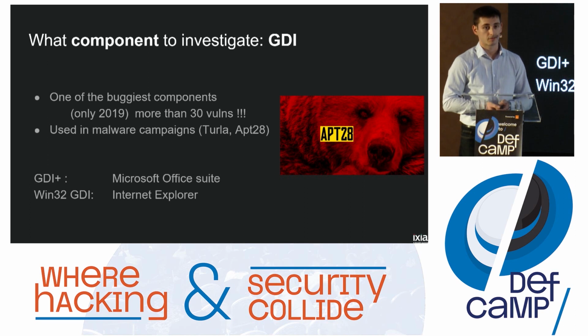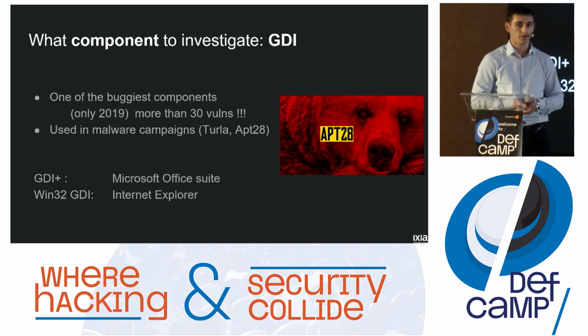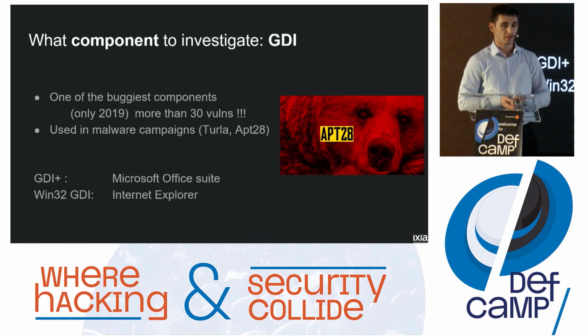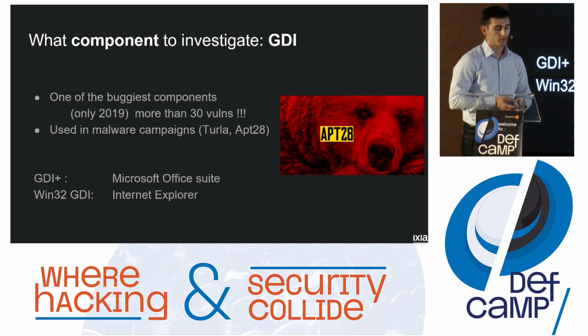So how can an attacker abuse such kinds of vulnerabilities? Well, there are a lot of clients, obviously. GDI is a very important and fundamental module to Windows. For example, Microsoft Office is using it. You can insert proprietary Windows file formats, for example, enhanced media files or metafiles, and that will get rendered using this module. And so if the module is vulnerable, then this is your attack entry point.